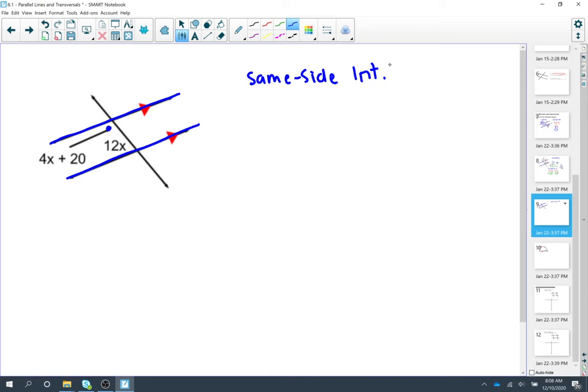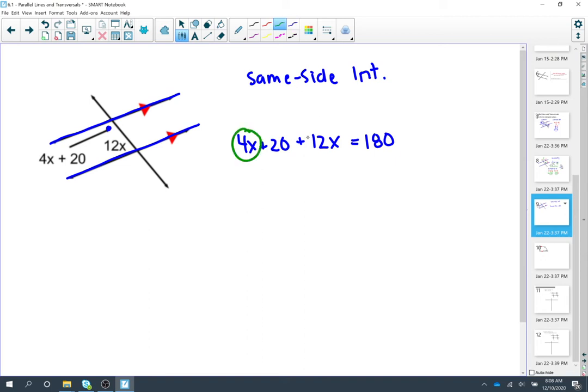And if we look at the relationship for same side interior, they are not congruent. They are supplementary, which means they add to 180 degrees. So I can take the 4x plus 20, add it to the 12x, and I know that they're going to add up to 180 degrees.